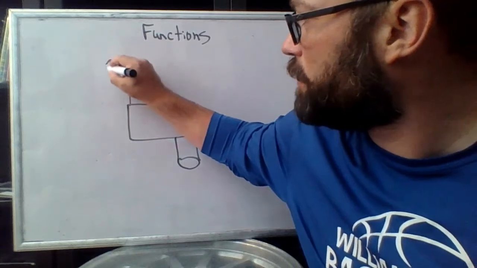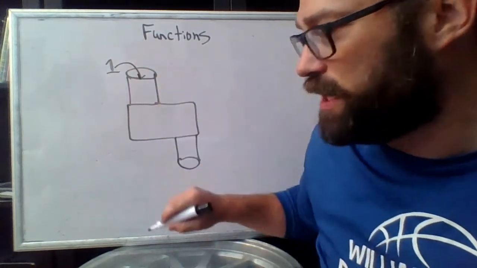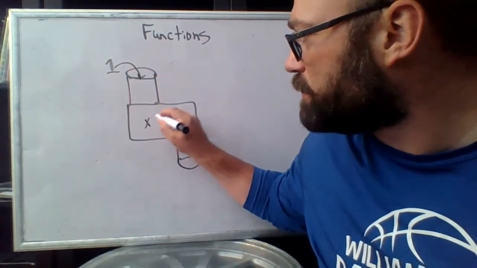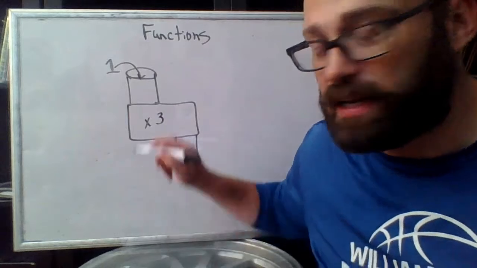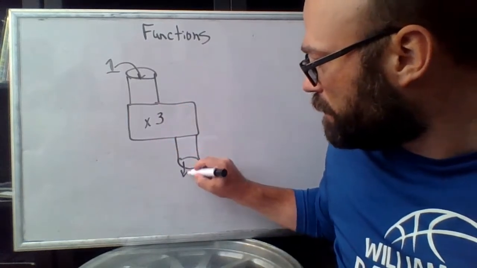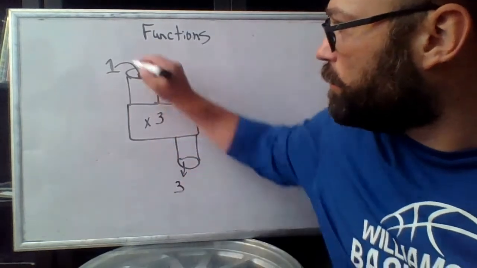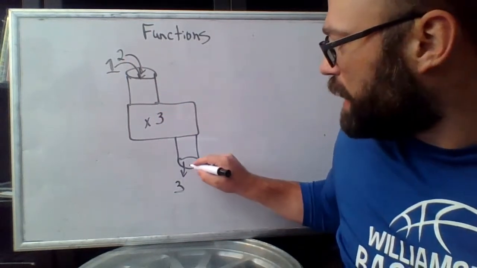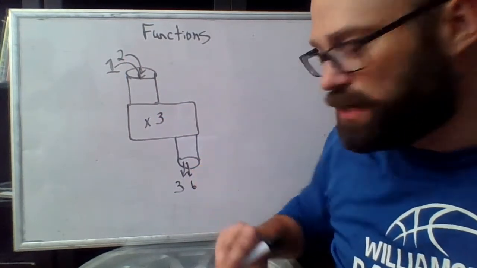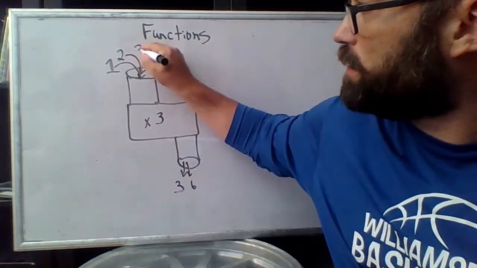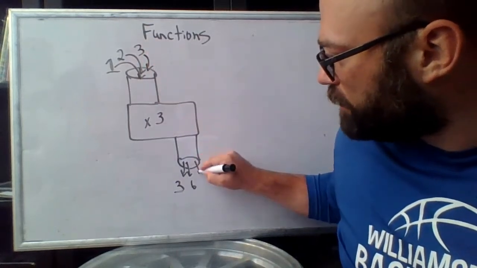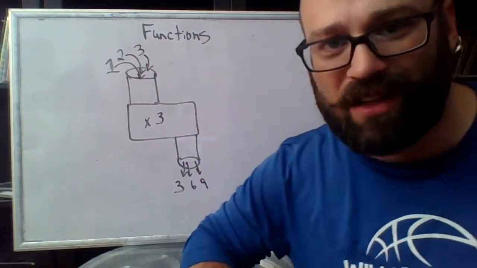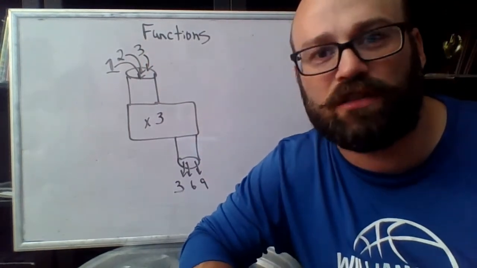For example, if we put input 1 into this machine, and maybe this is times 3, we get out 3. Well, we plug in 2, and it goes through, and we get 6. And so forth. We plug in 3, and it comes out 9. Well, right now it's functioning just fine.